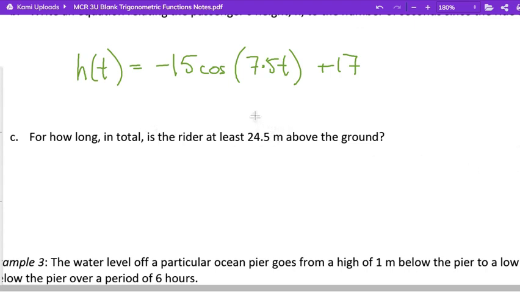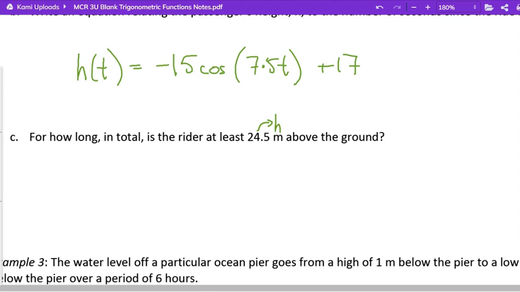So what does 24.5 represent for us? That is the height. Okay, and this is where it gets a bit tricky. So we're going to take our equation. Okay, no, we're not going there.